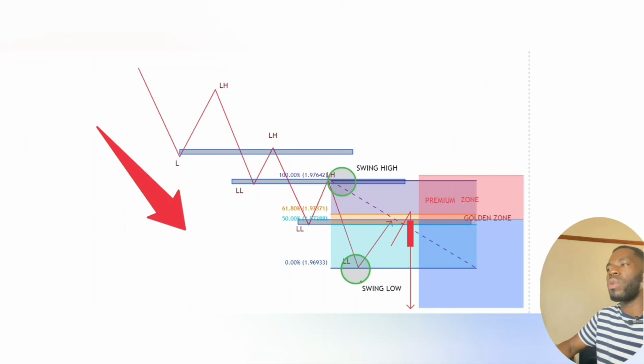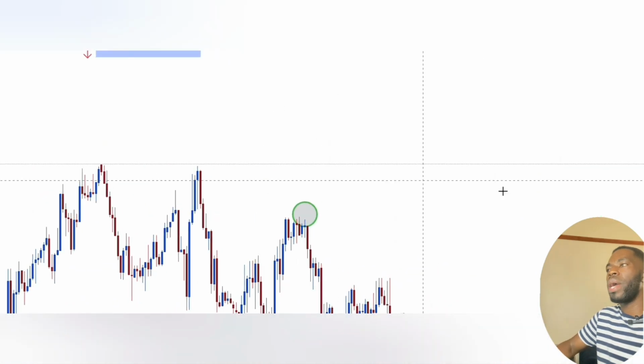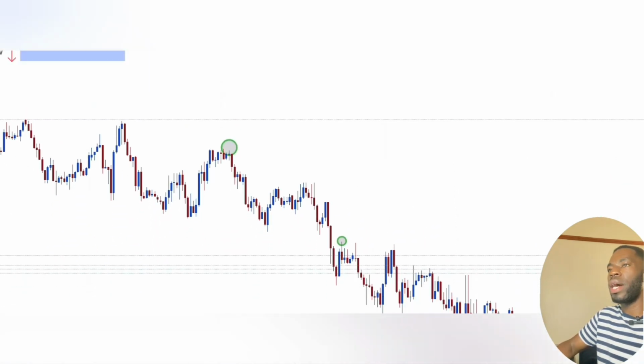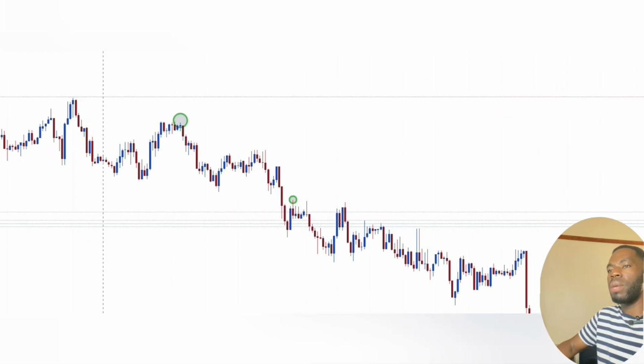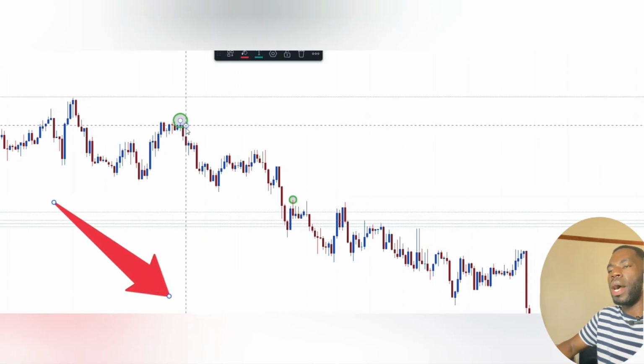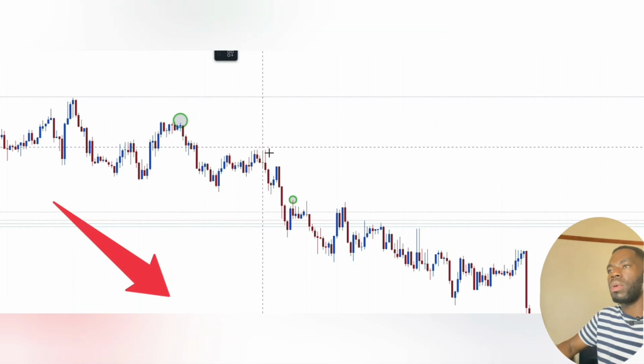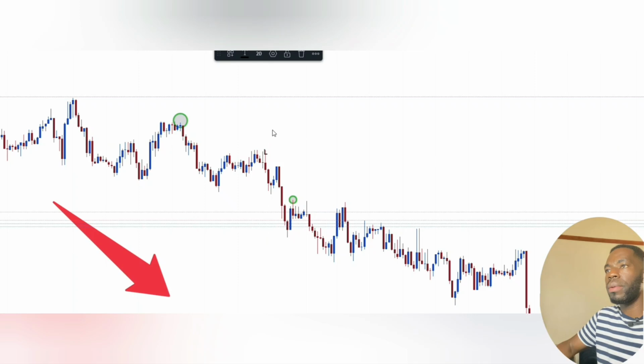This is how you trade in the real market. In a bearish market, just to demonstrate that, this is what you would see. We have already determined this is a bearish market. It's going downward. It's forming lower highs. This is a lower high over here.